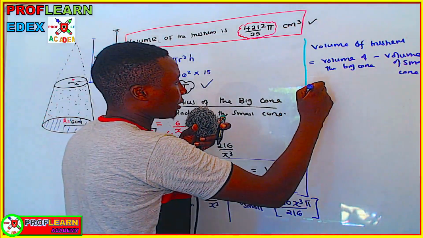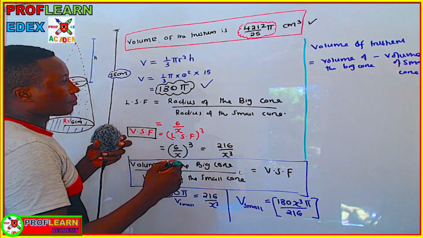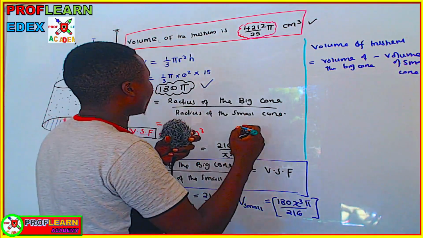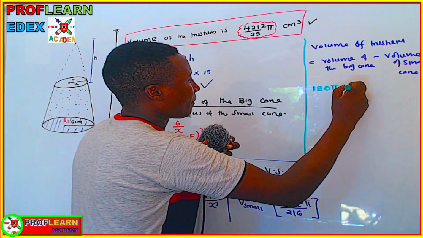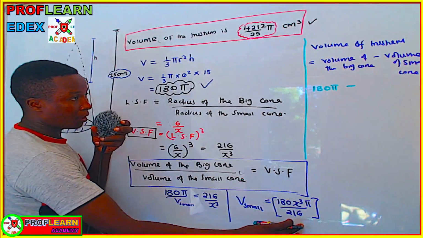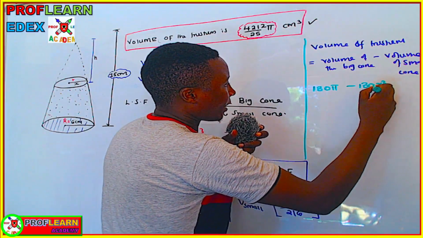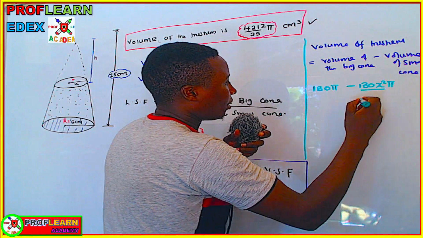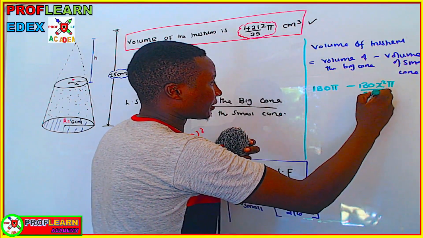So already we have the volume of the big cone here. This is going to be 180 pi minus the volume of the small cone, which is 180 x cubed pi over 216.